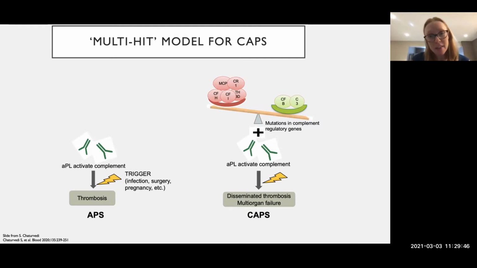But maybe in the patients who develop catastrophic APS, there's more to it, that there's an added level of having an abnormal mutation in a complement regulatory gene, plus the activated complement and antiphospholipid antibodies, plus the trigger, leading to this life-threatening complication.